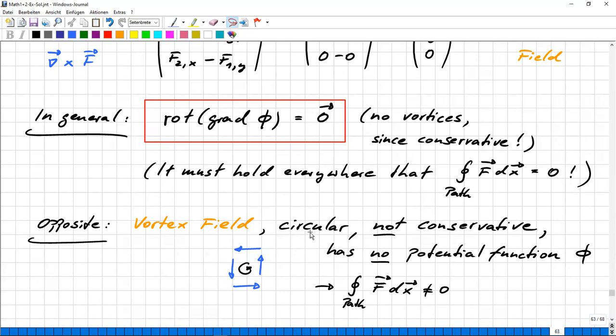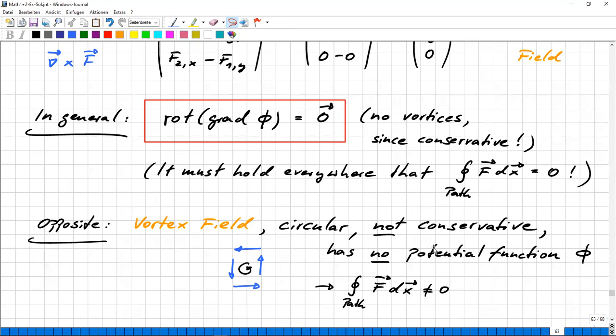So we can also call such a field circular. In some way it's circular. It means that the field vectors are arranged sort of like this in a closed path. Not everywhere, but at least somewhere. So it's not conservative. It has no potential function phi. That's an interesting statement, because it's the opposite of this case.